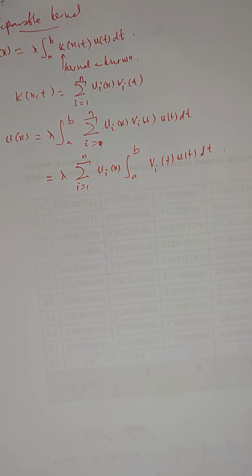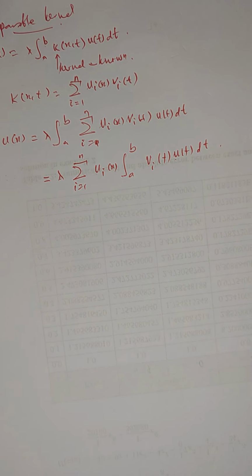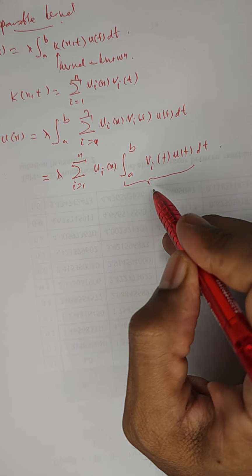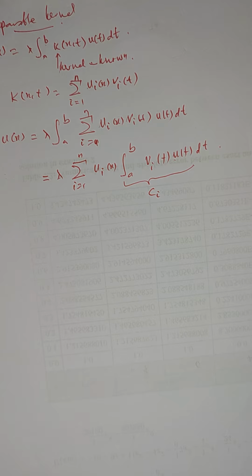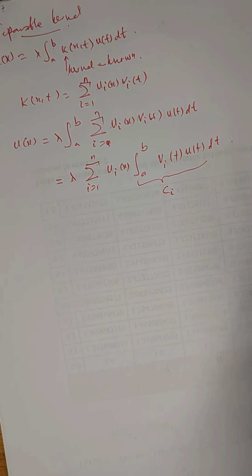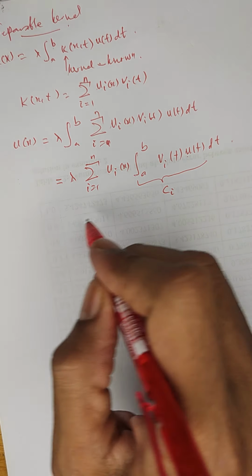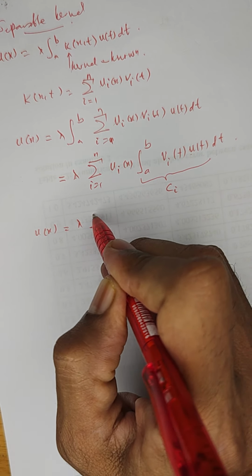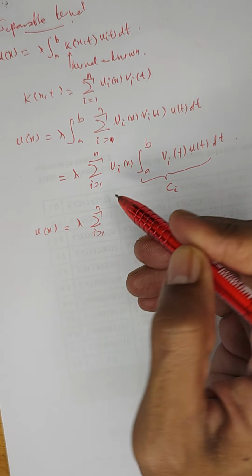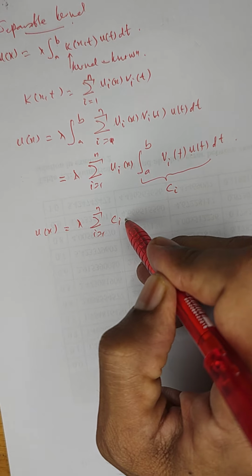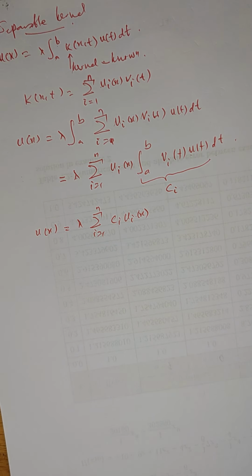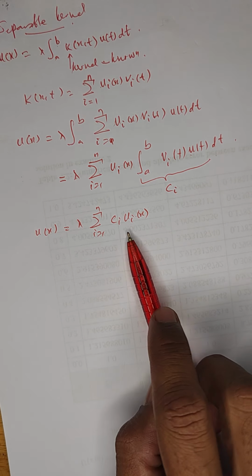Now, if we define this as c i, we can write this equation as u x equals lambda sum i from 1 to n c i u i x, where c is a constant that we need to determine.